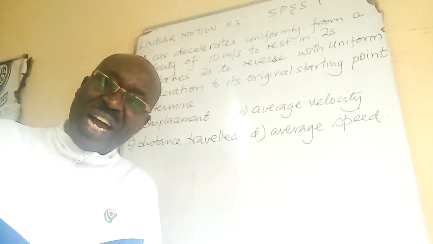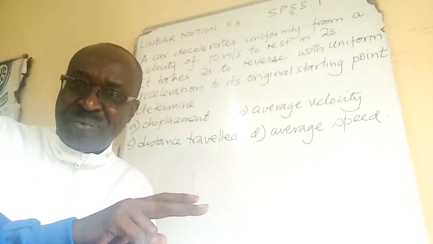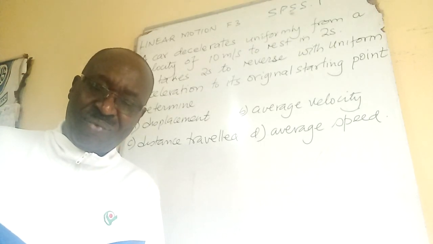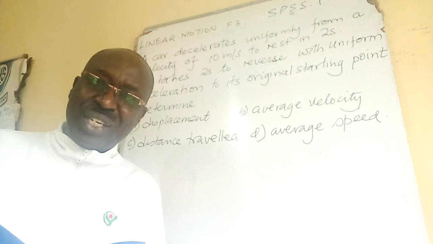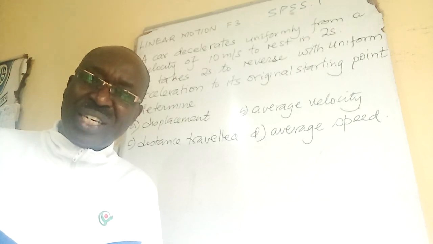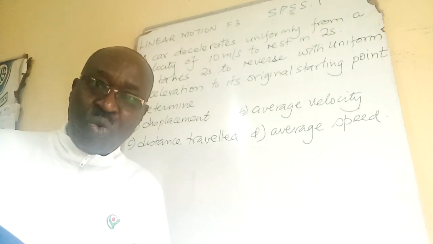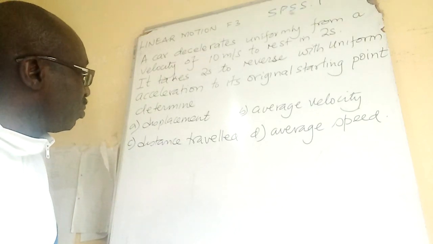It started at point maybe X, went, and then came back. If you join the starting point to the stopping point, it is the same place. So by reasoning, it is actually 0. So that is A.